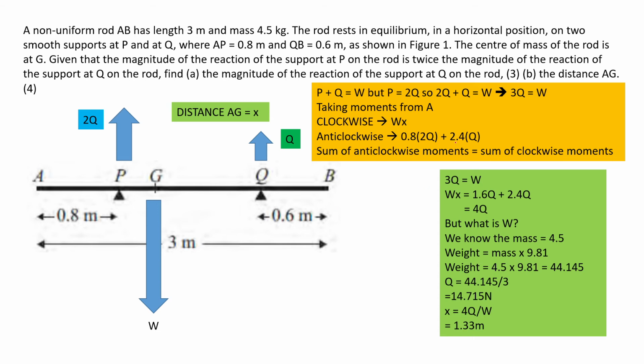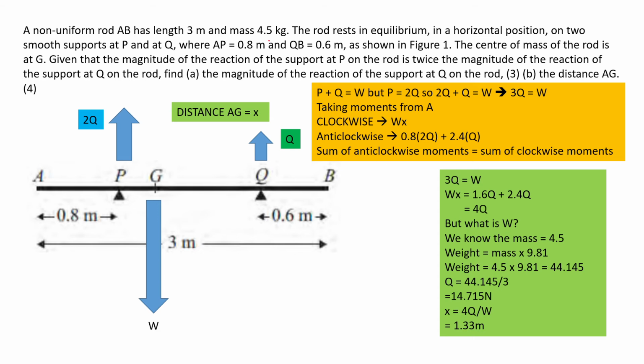So you have 2.4 times Q. And then you add them together, because that's the sum of the anti-clockwise moments. If it's in equilibrium, then the sum of the anti-clockwise moments is equal to the sum of the clockwise moments. Okay, so now you have two equations. You've got 3Q equals W, and you have 0.8 times 2Q plus 2.4 times Q. You should have a simultaneous equation.